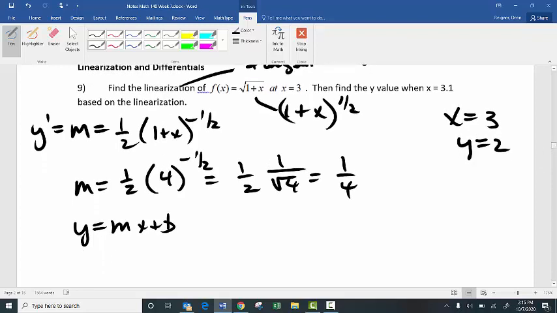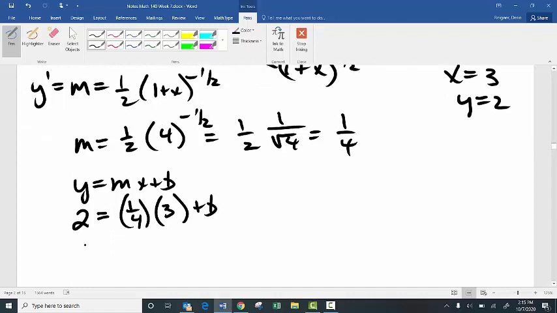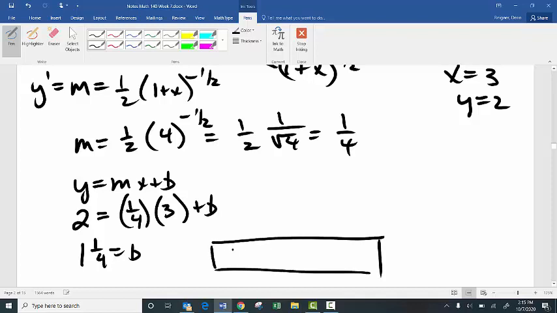Our y is 2, our slope was 1/4, our x is 3, and then plus b. So eventually you get 2 minus 3/4, which is 1 1/4. So our tangent line is y equals 1/4 x plus 1 1/4.